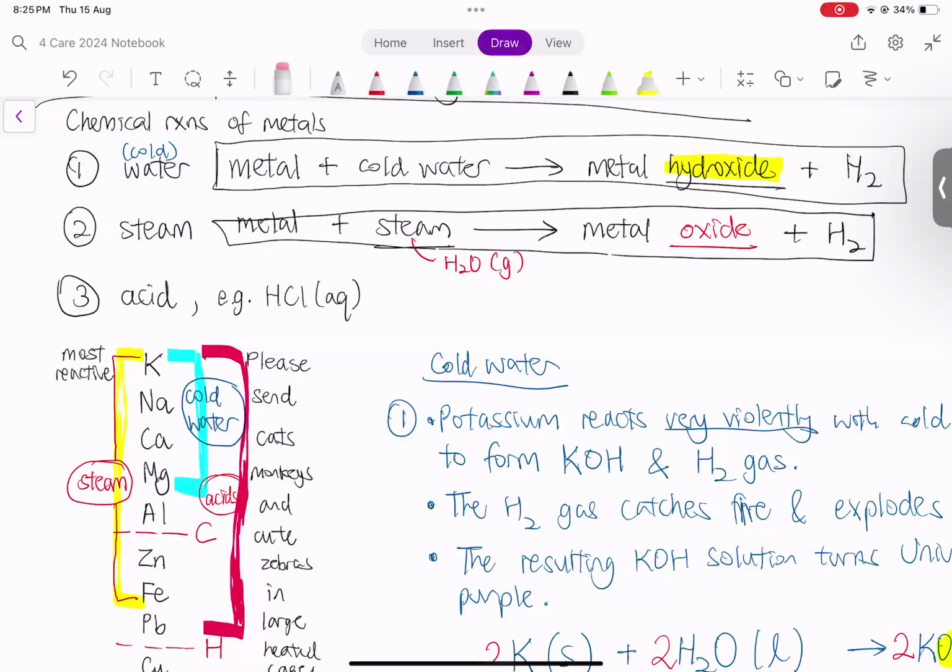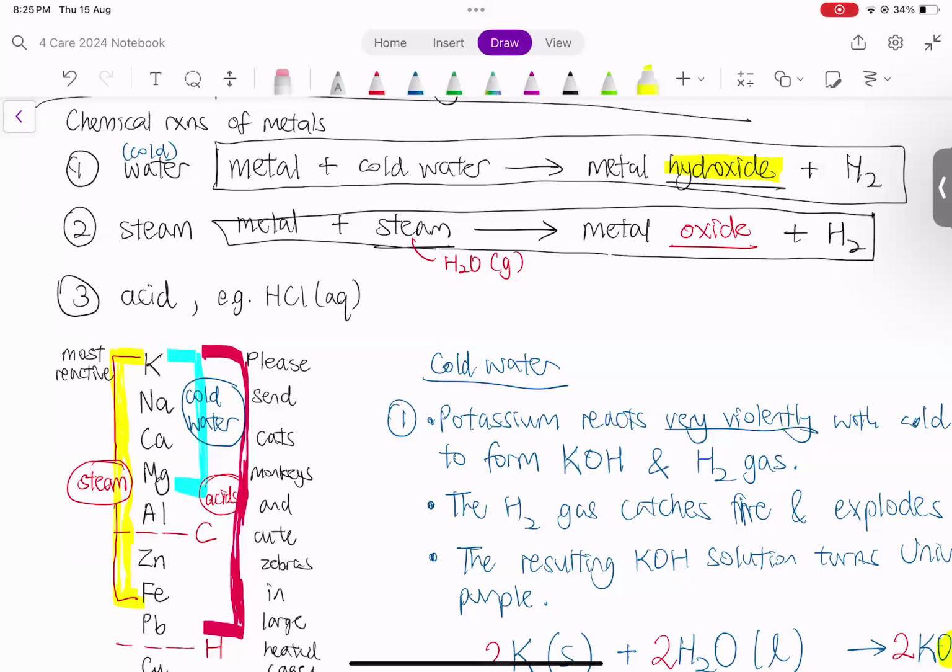Okay? What that means is that now more metals can actually react with steam. Because steam has more energy, more metals are now able to react with steam. So previously with cold water, only the first four metals in the series could react, namely potassium, sodium, calcium, and magnesium.